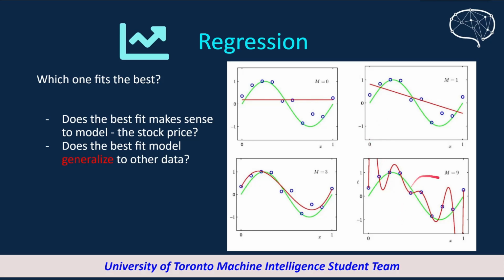So these fittings are not as ideal. And in the fourth case, the last case, it's such a complicated polynomial going through all of the data points, so it perfectly fits every data point. But is this the best fit in terms of the stock price prediction making sense? Can stock price versus media exposure be like this?